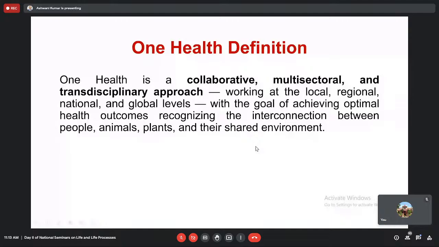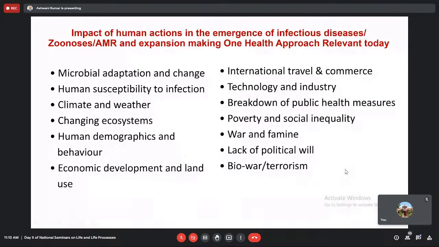So what is the impact of human action in the emergence of infectious diseases, zoonosis, antimicrobial resistance, and expansion, making the One Health approach relevant? Microbes keep on adapting themselves to the changing environment, and of course mutations do take place, and then mutations also lead to adaptability. Then the human susceptibility to infection over a period of time also increases.